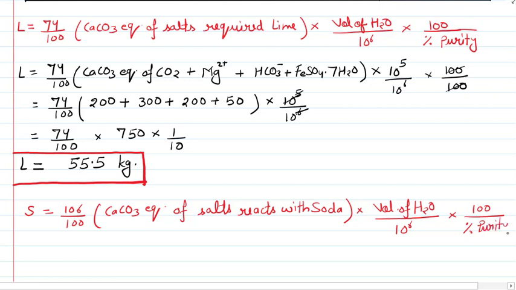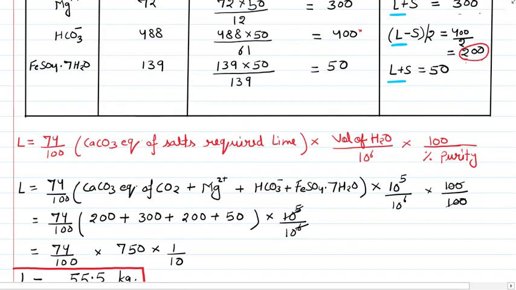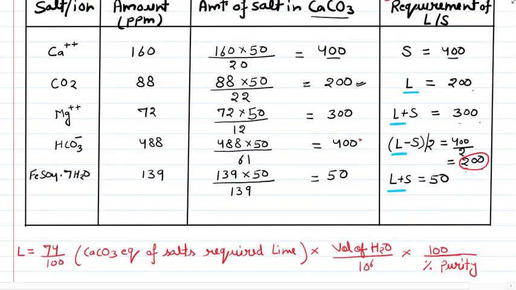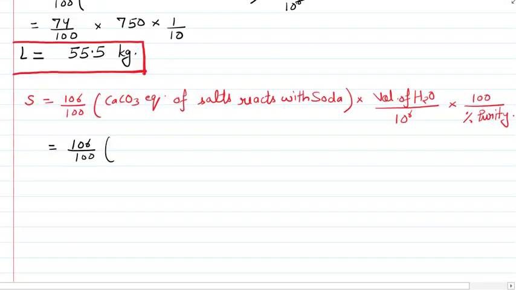Same condition is here. We don't have percent purity of soda, so we are going to consider it as 100. By placing all the values, we will get 106 upon 100. So here we have to see our table where we have written S. First one is this, second one is this for magnesium ion, third one bicarbonate, and fourth one hydrated ferrous sulfate. So we have 4 ions or salts here.